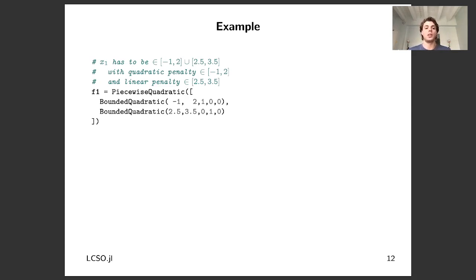And if it falls in the former interval, we'll give it a quadratic penalty, and in the latter, we'll give it a linear penalty. And again, in any region of x that is not listed in one of these intervals, we're taking an infinite penalty.